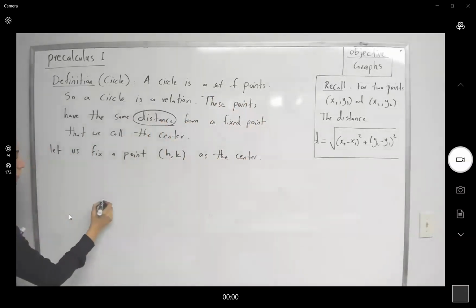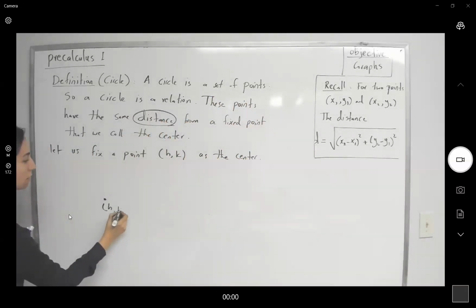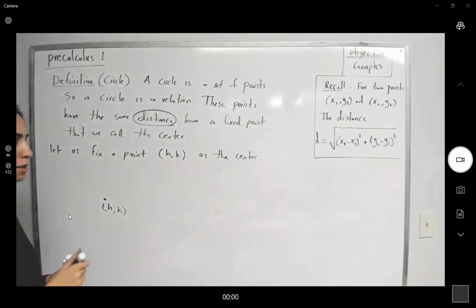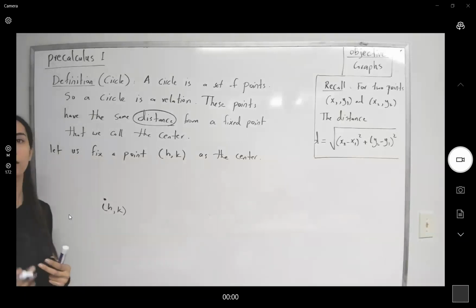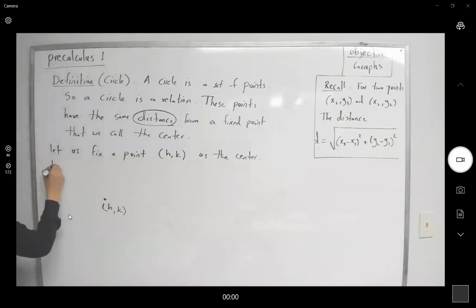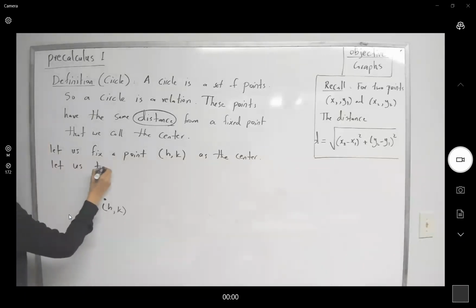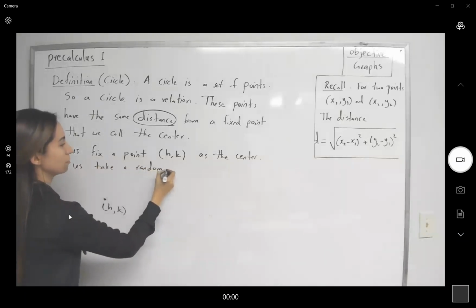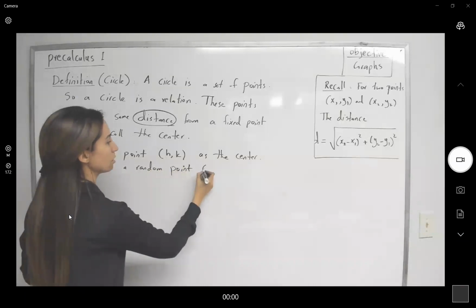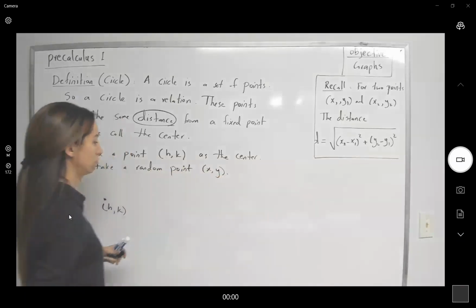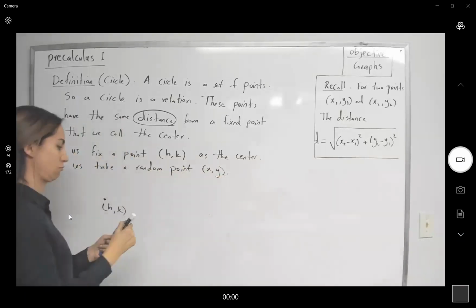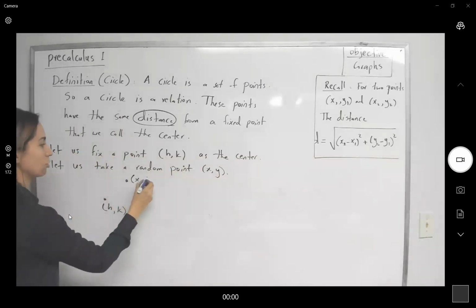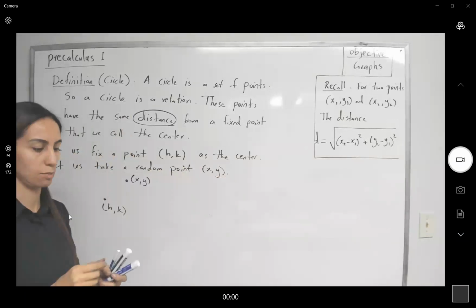My first coordinate is h, my second coordinate is k. Let us take a random point like x and y. I'm allowed to do that, of course. So what is the distance between them?